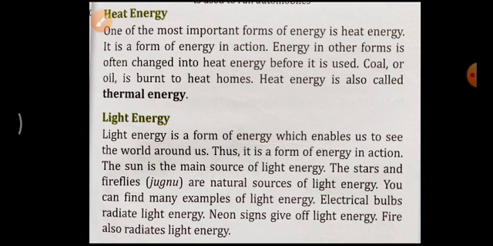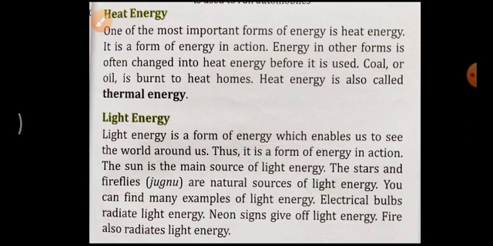The stars and fireflies are natural sources of light energy. You can find many examples of light energy: electric bulbs radiate light energy, neon signs give off light energy, fire also radiates light energy.